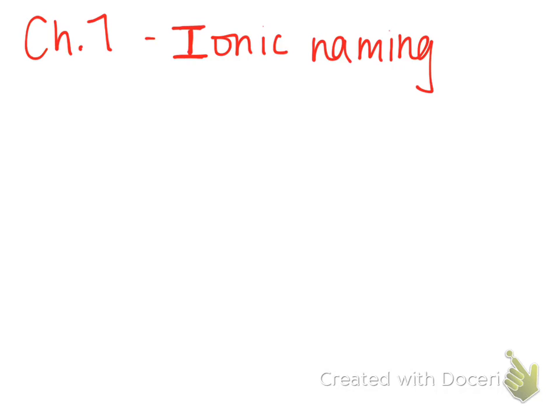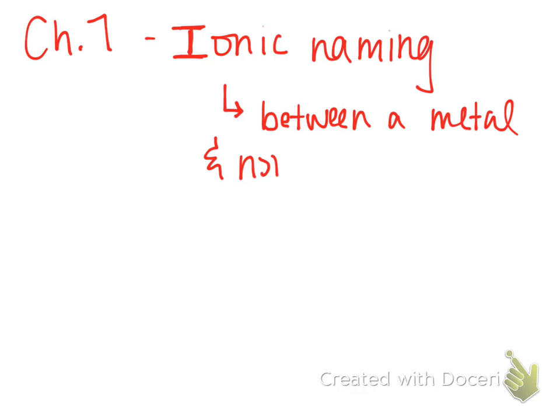But in general, an ionic bond, or an ionic compound, is between a metal and a nonmetal. So on the periodic table, where are the metals located?